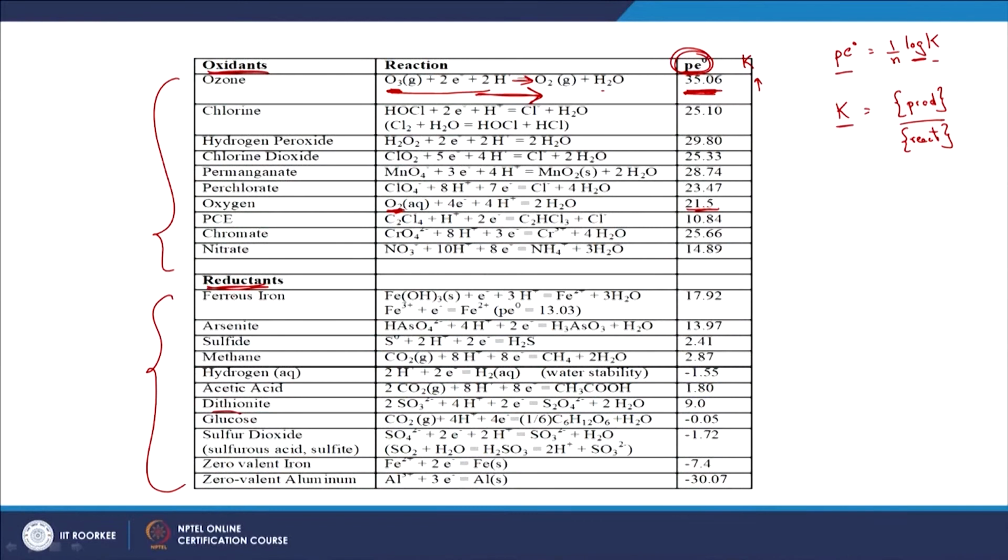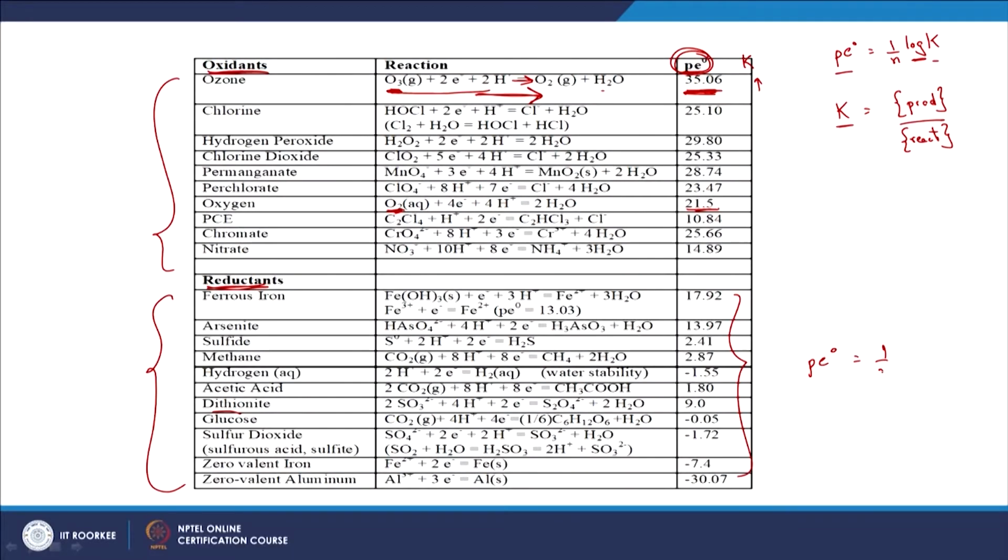So obviously the reductants. Here it does not give you a great picture, as this particular system seems to be a bit messed up. But if it is negative, what do you understand? P naught is equal to 1 by n log K, and if P naught is negative, what does that mean?